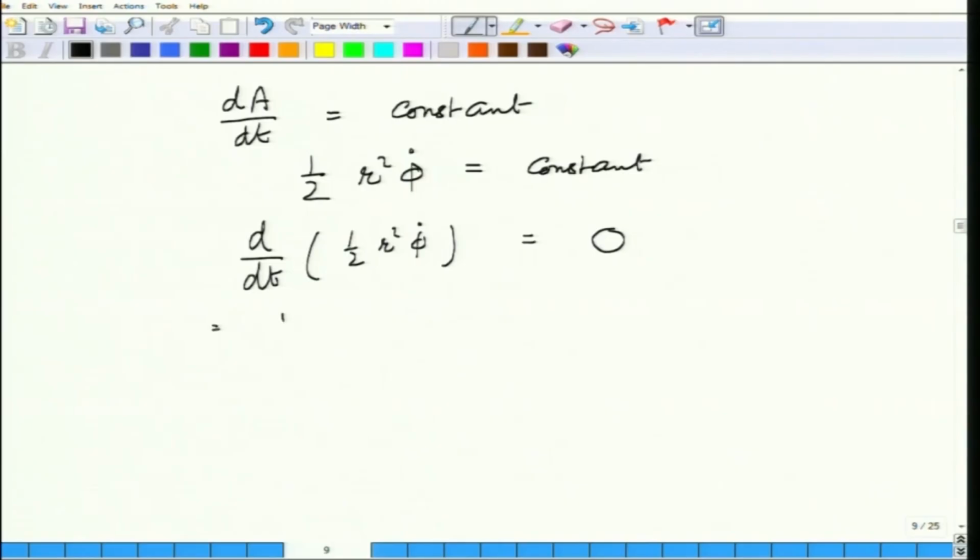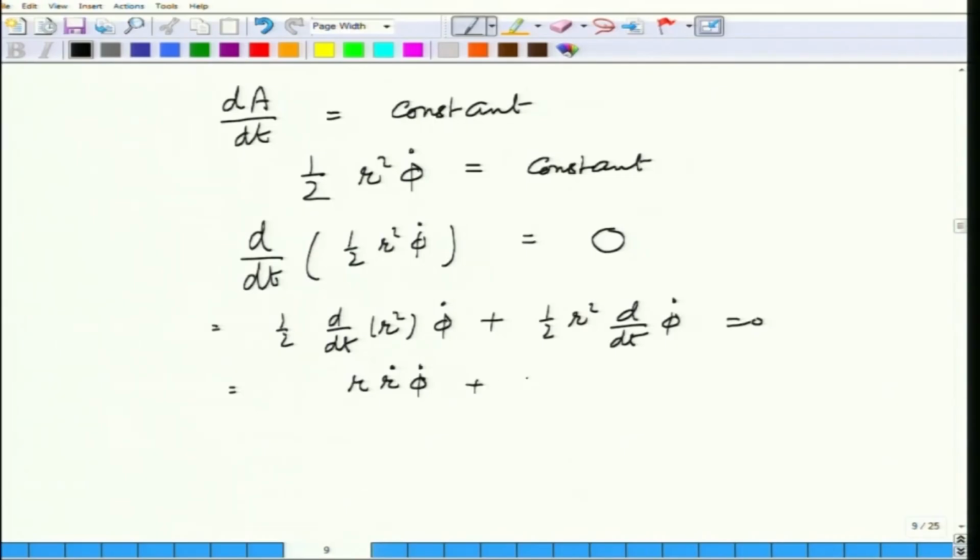It is going to be 1/2 d by dt of r square phi dot plus 1/2 r square d by dt of phi dot, and this is 0, which gives me r r dot phi dot plus 1/2 r square phi double dot is equal to 0.